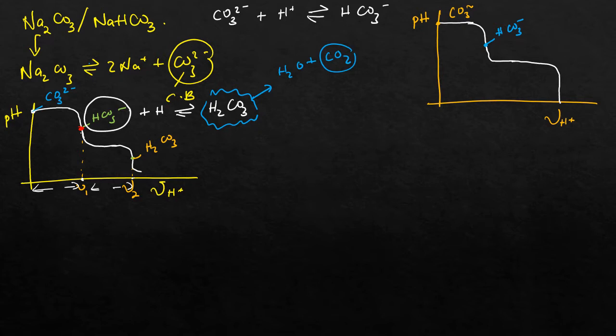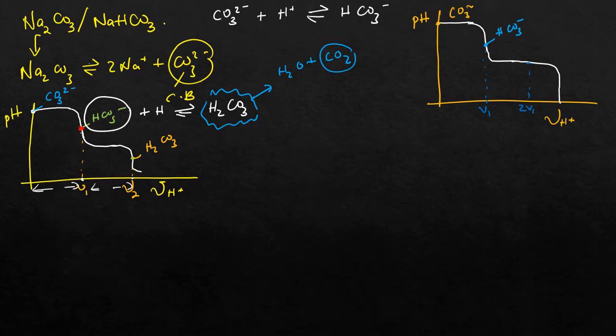Remember I said the second is at twice the first equivalent point. So let's assume this is V1, this is 2V1. We will be converting all the bicarbonate to the carbonic acid.